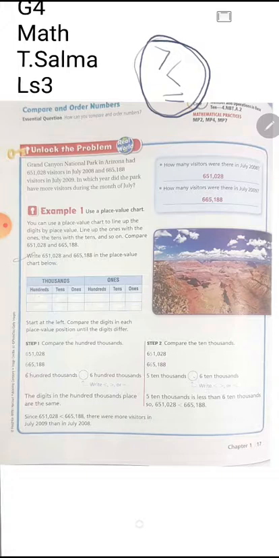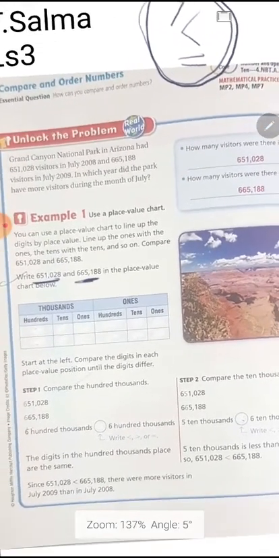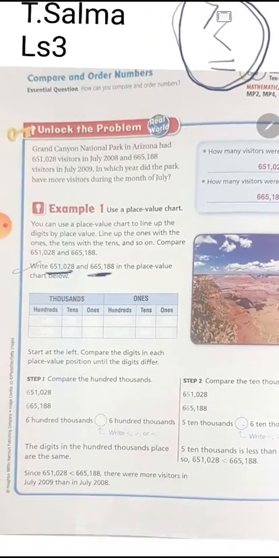So let's see those two numbers. Okay, now I will read these numbers. The first one here, I will make it closer for you. The first one, I will read it. 51,28.